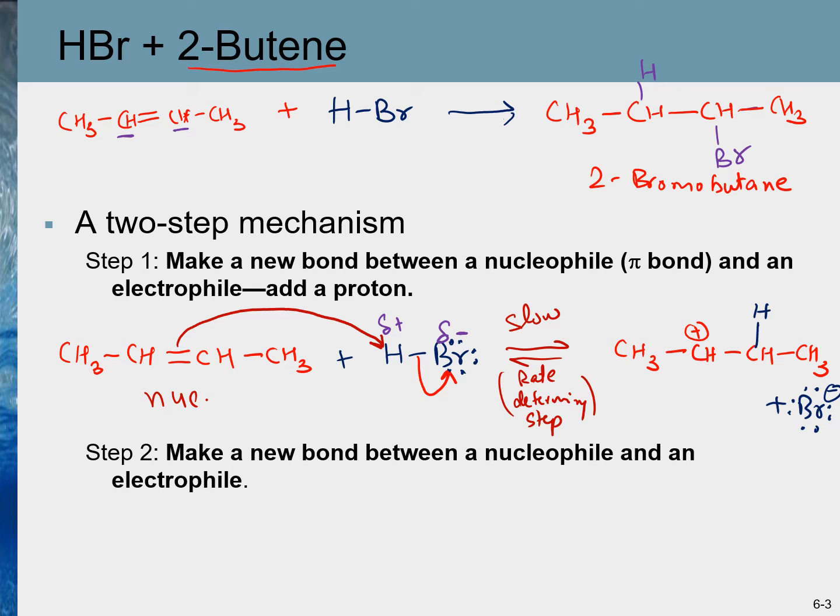In step number 2, our newly formed bromide ion, as you can see, has plenty of extra electrons, so now bromide is a nucleophile. This newly formed nucleophile will like to donate its extra electrons to another electrophile, another electron sink. That electron sink is the carbocation.